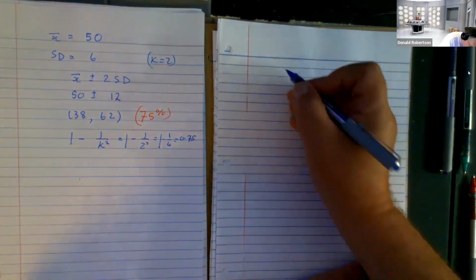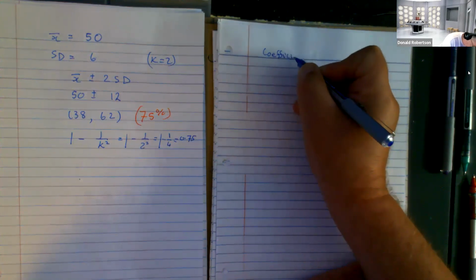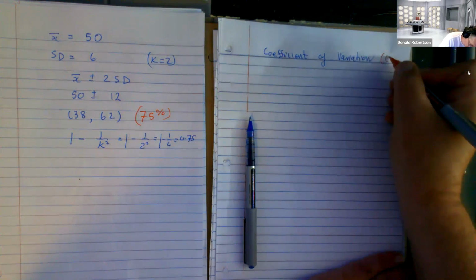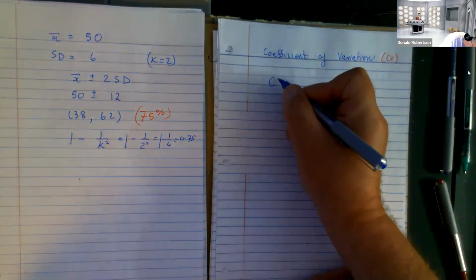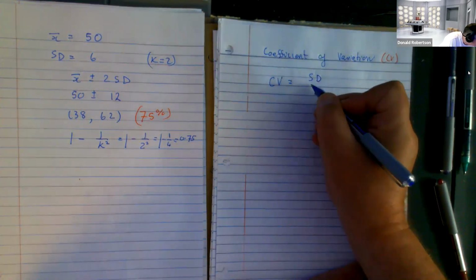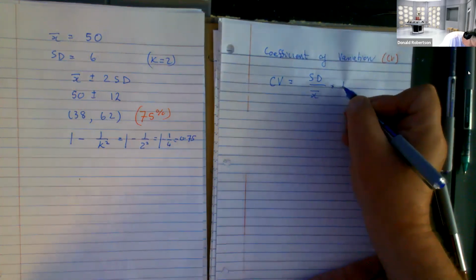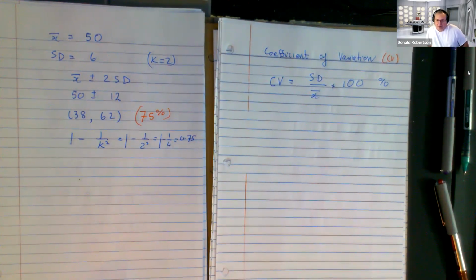So the thing that we're going to show you how to calculate now is called the coefficient of variation, called CV for short. You calculate the coefficient of variation by taking the standard deviation and dividing it by the mean, and then you multiply the answer by 100 because the coefficient of variation is a percentage.